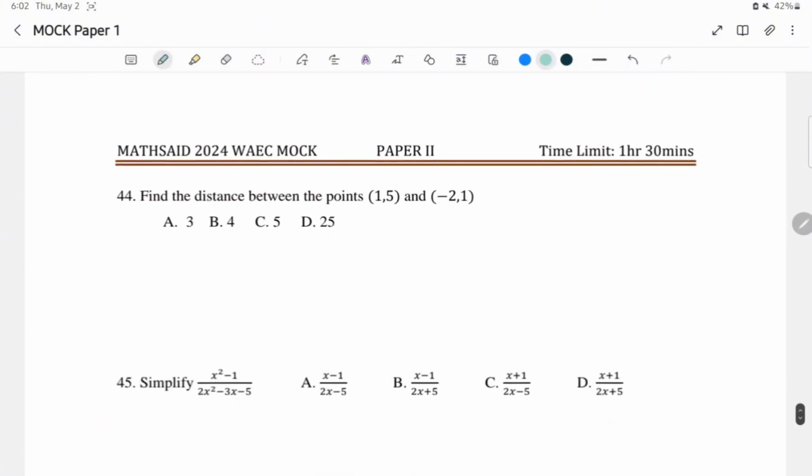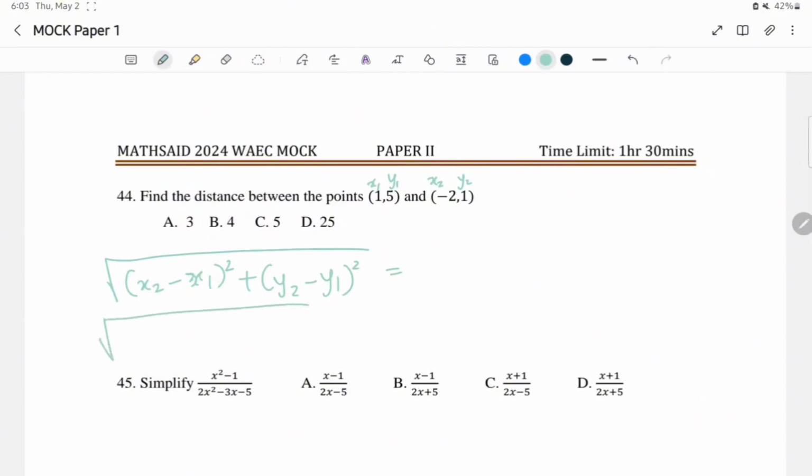Question 44. We are asked to find the distance between these 2 points. Well, that's quite easy. If we take this one to be x1, y1, and this one x2, y2, the distance is going to be the square root of x2 minus x1 squared plus y2 minus y1 squared.